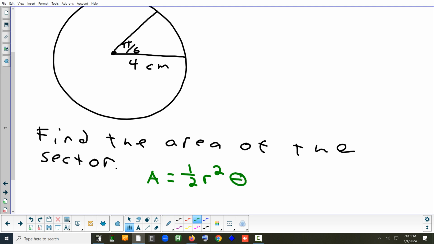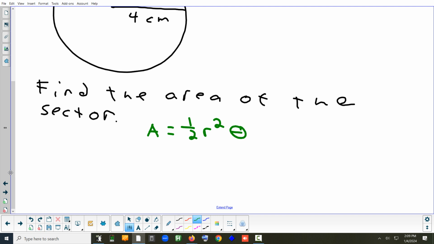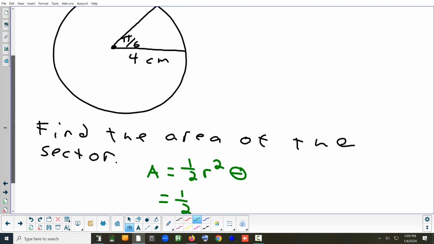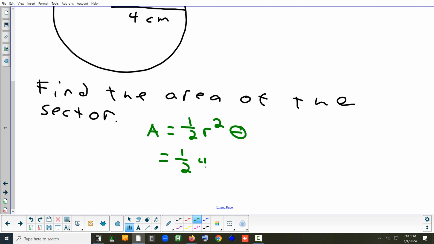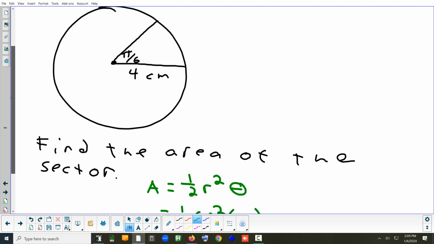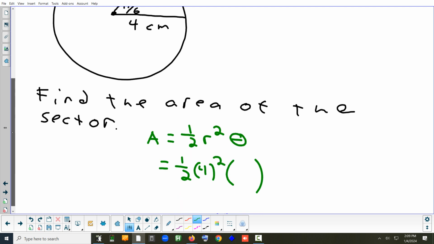Yep. Okay. Now let's just fill in what we know. Do we know the area? Nope. That's the question. Find the area. So we got 1/2. Do we know the radius? Yes, 4 centimeters. And do we know the angle? Pi over 6. And is that the way we want it? Yes. There's no degree symbol on that.